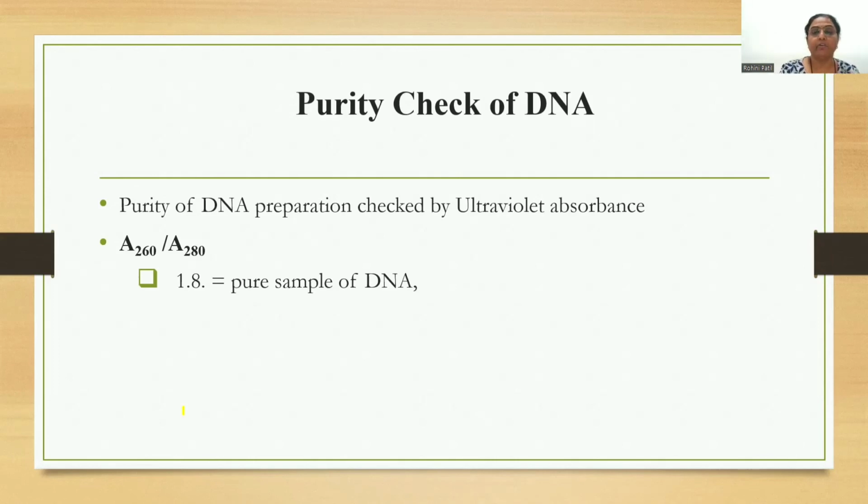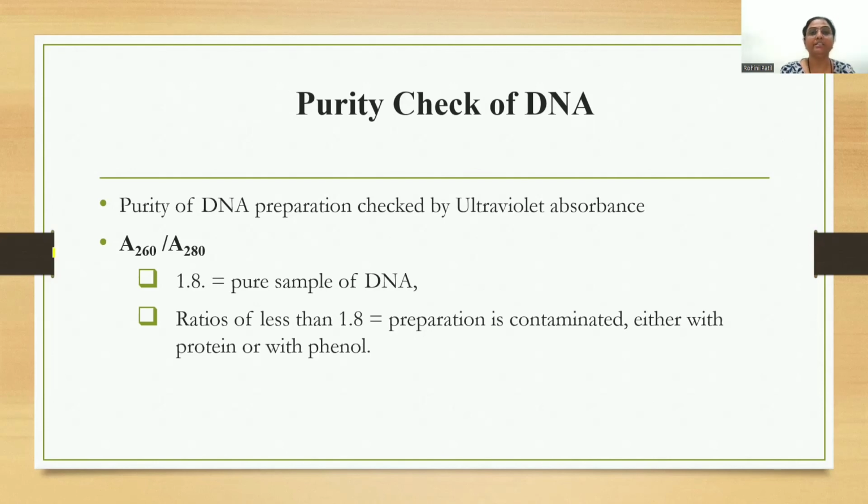But if the ratio is less than 1.8, then the sample preparation is contaminated with proteins or phenols. In this way we can check the purity of the DNA just by measuring the absorbance at 260 nanometer and 280 nanometer, and by taking the ratio of it.